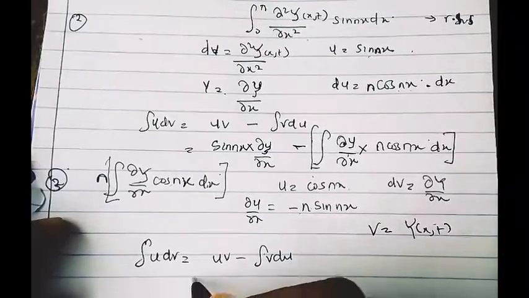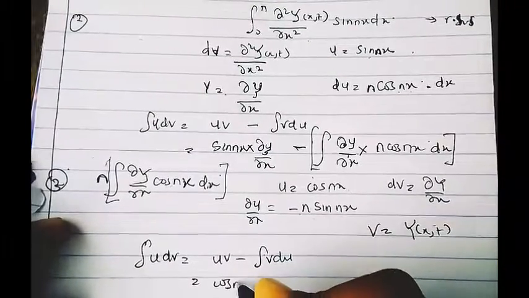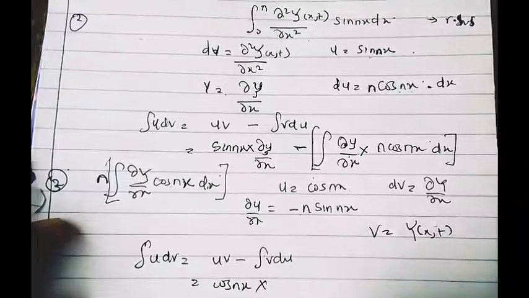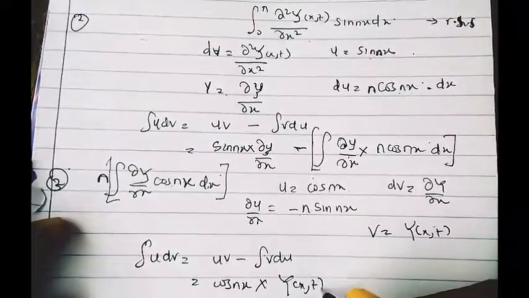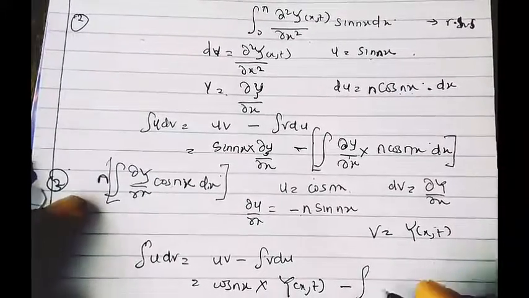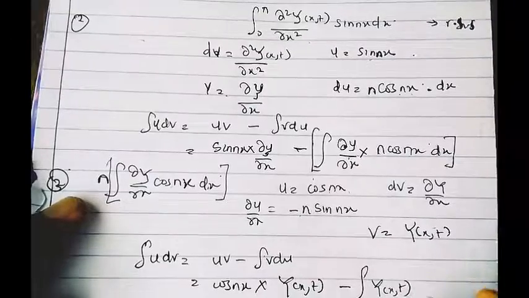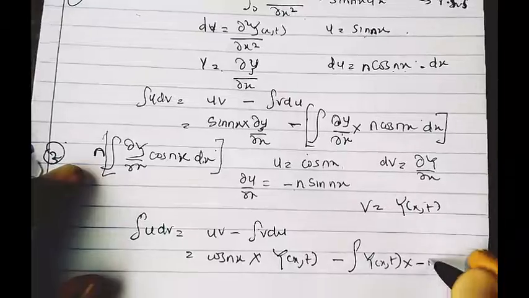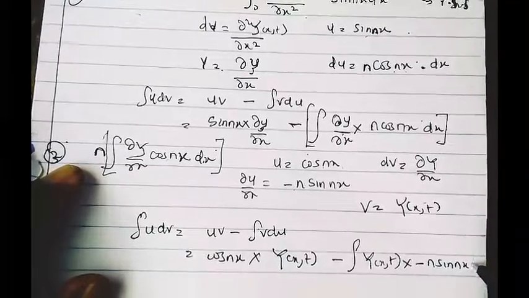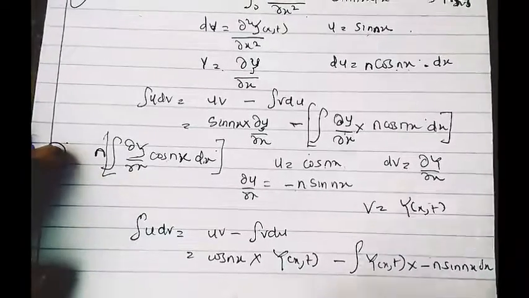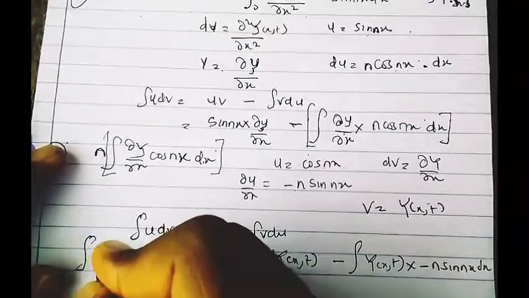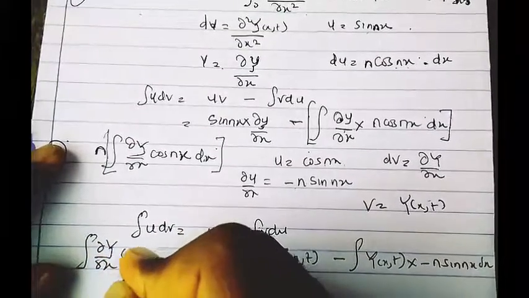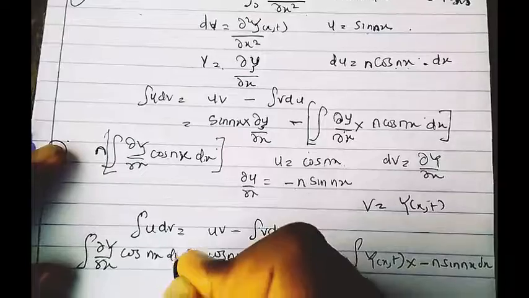So my u is cos nx, times my v, which is y, a function of x and t, minus the integral of my v, which is y, a function of x and t, times my du, which is minus n sine nx dx. All this was from when I integrated dy/dx cos nx dx.